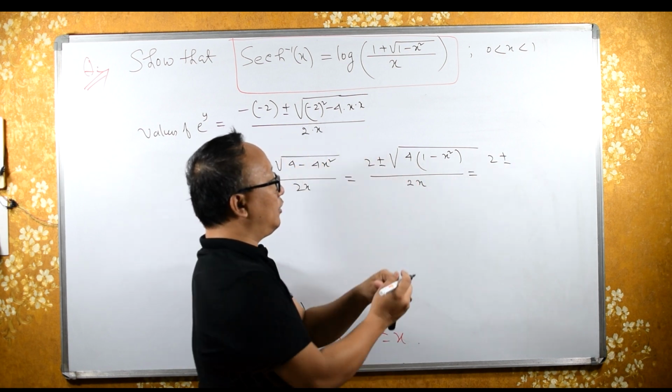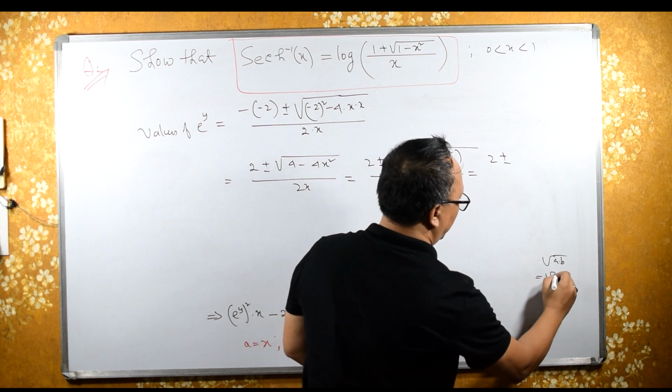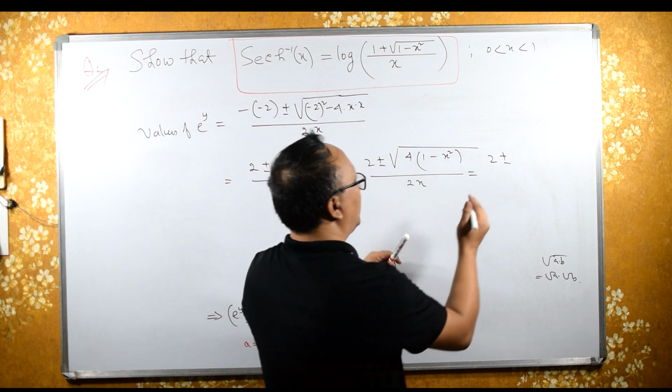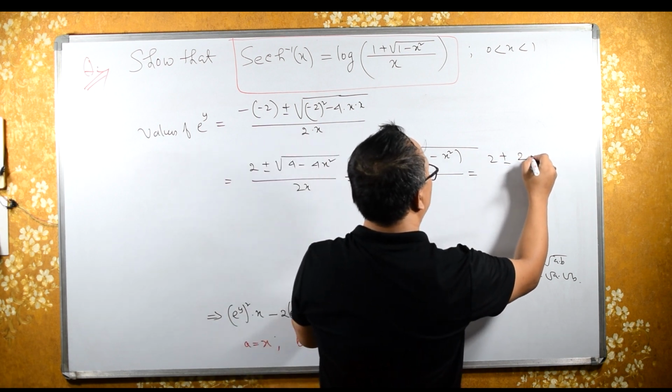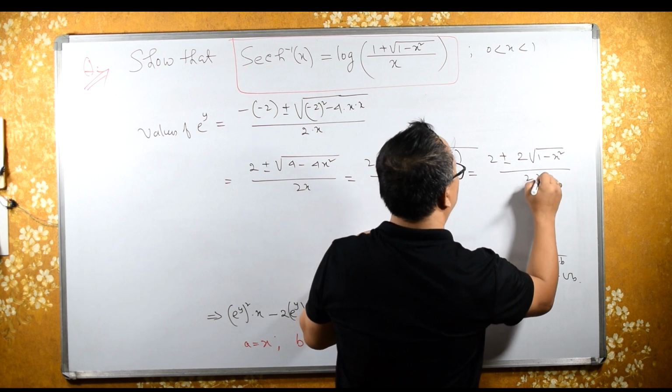Square root of a b is square root of a into square root of b. Square root of 4 is 2, so 2 comes outside.